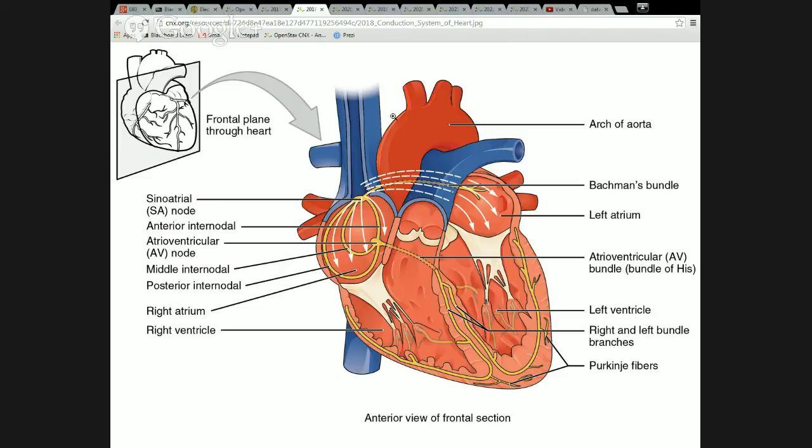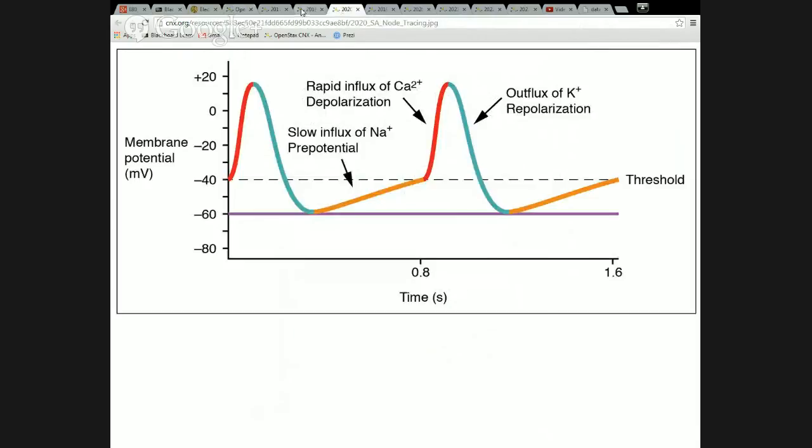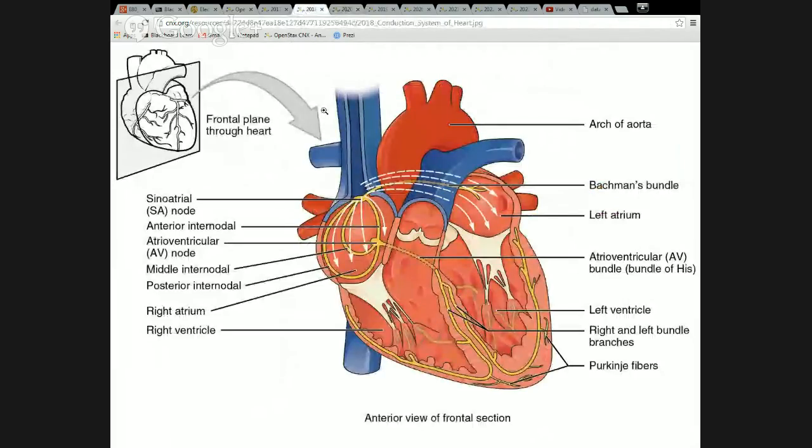So somebody who's got this kind of blockage going on where the rhythm is really driven by the AV node, they're not going to sustain activity for very long. They're going to get tired very quickly. And probably there are a number of people out in the world that are like that. And they're just saying, well, you know, I'm out of shape, so I'm tired. I'm just going to sit on the couch and watch television.